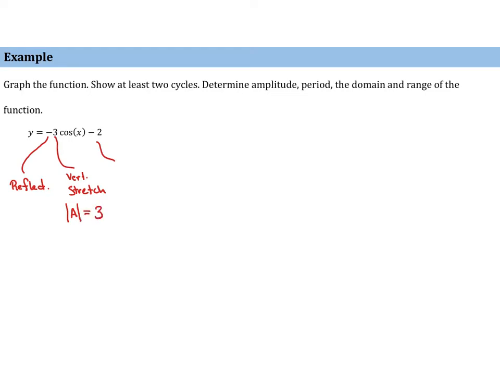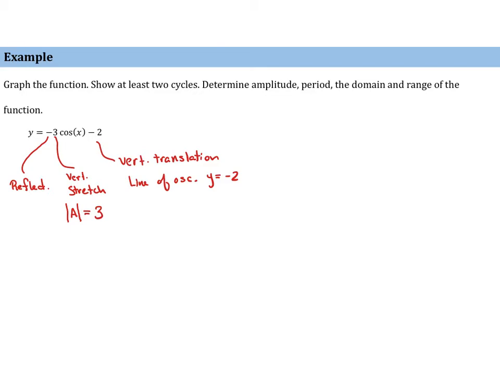So capital A would be -3, so its absolute value is 3. And amplitude is a distance, so it must not be negative. Now, the -2 is a vertical shift, and that vertical translation means that our line of oscillation is now y equals -2.